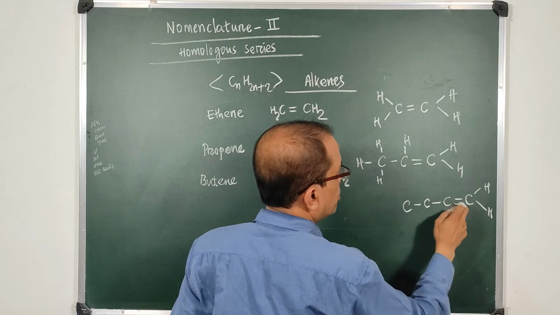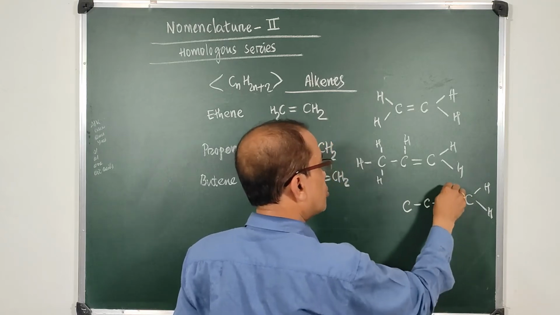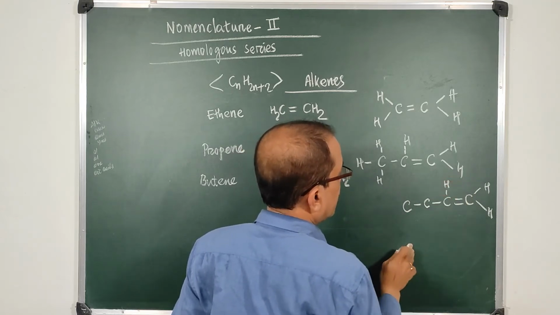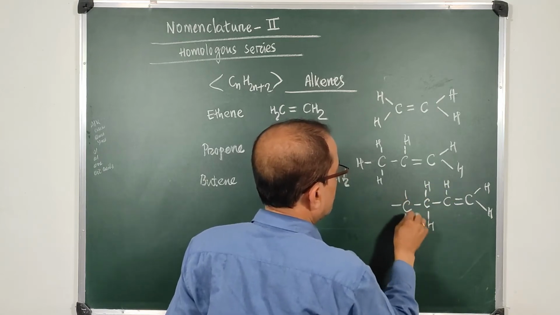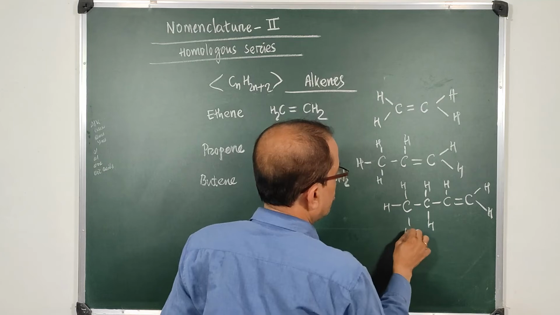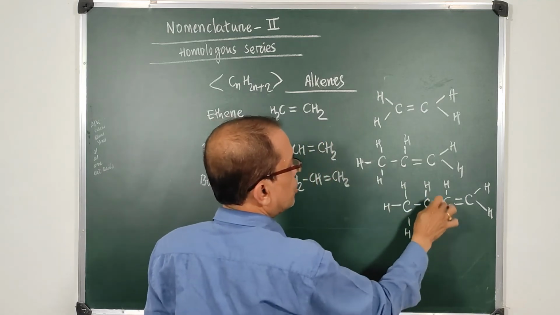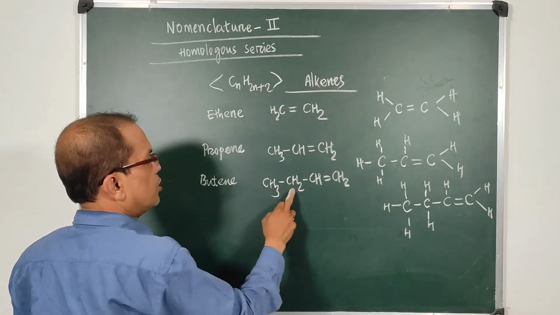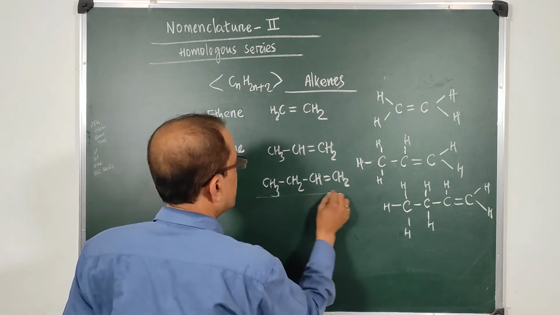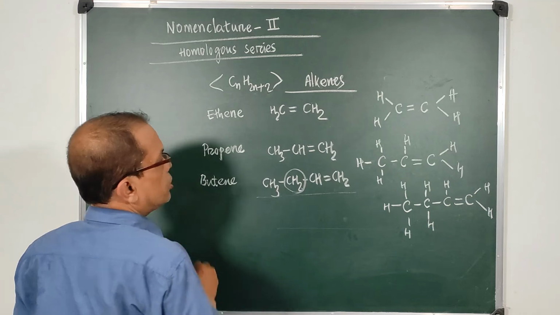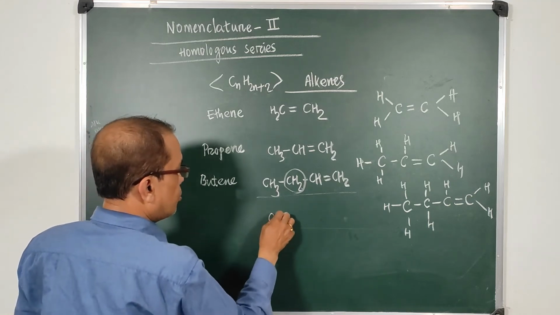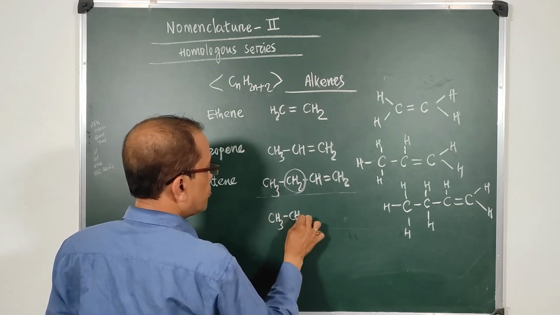Now 3 positions are covered, so the 4th position needs 1 H. This position will take 2 hydrogen atoms, this 3 atoms. So you get CH3, CH2, CH, CH2, and this is also ending with CH2, and you see 1 more CH2 is added. The next one should add 1 more CH2.